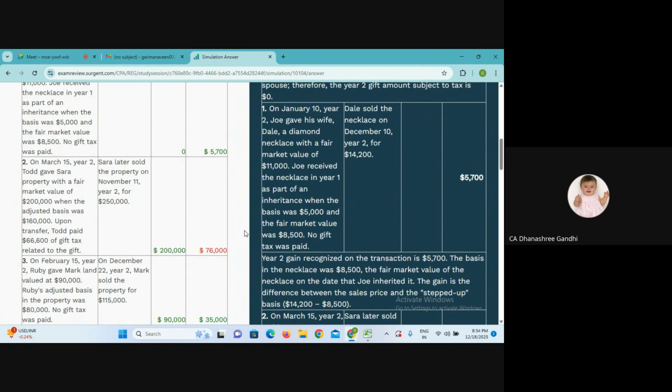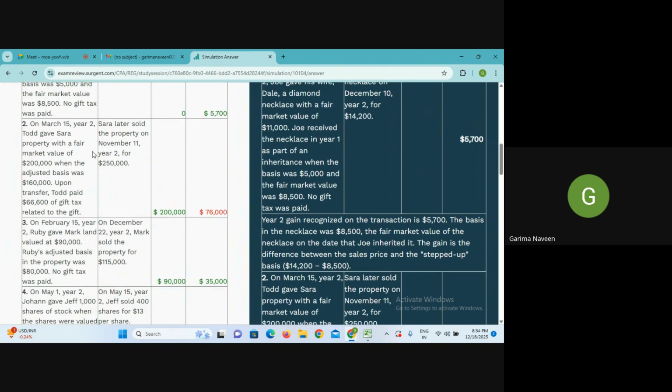Because I was disconnected earlier. Yes. In case of gift taxes, gift taxes are paid by the donor only, and the gift taxes related to appreciation will be added to the donee's basis. So here the donee's basis will be the carryover basis plus any gift taxes subjected to the appreciation.